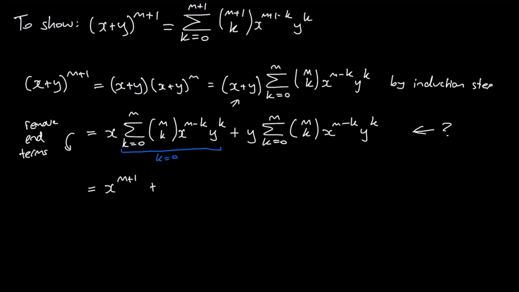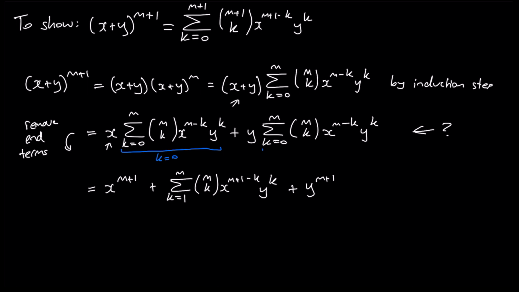So now I'm going to add that sum back in, and I'm actually going to multiply the x inside the sum now. So I have k equals 1 because I removed the k equals 0 term, and I have m choose k, x to the m plus 1 minus k, y to the k. And I'm going to remove, again, that end term, which is y to the m plus 1.